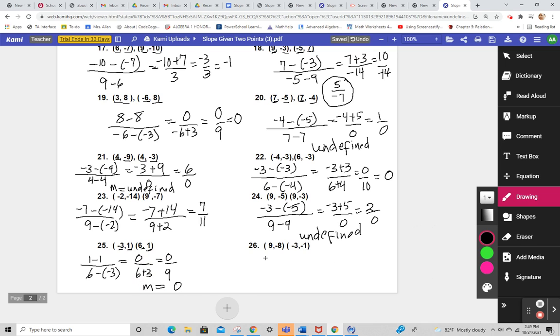All right, 26. Negative 1 minus negative 8 all over negative 3 minus 9. Well, negative 1 plus 8 over negative 12. That gives us 7 over negative 12. And that's the slope of that line.